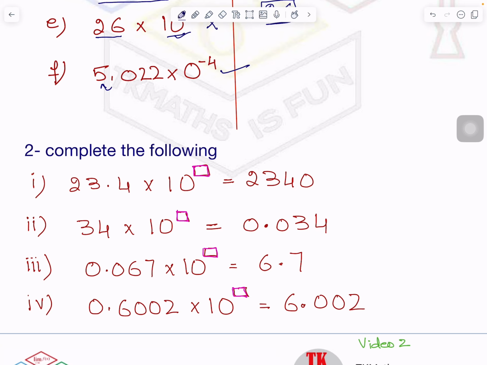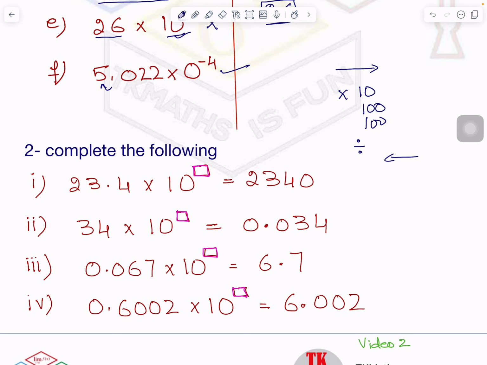Okay, so now let's complete the following. I told you in the previous video, and now you know also, whenever you multiply by 10, 100, 1000, in multiplication the decimal of the number jumps right. But in division the decimal of the number goes left.